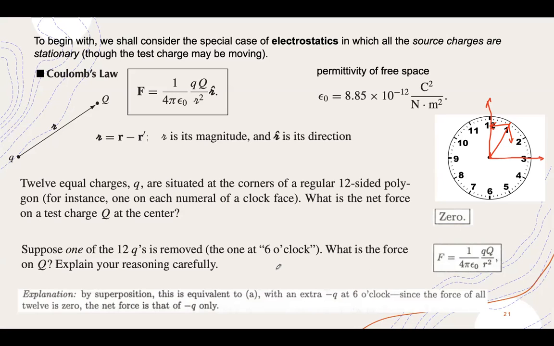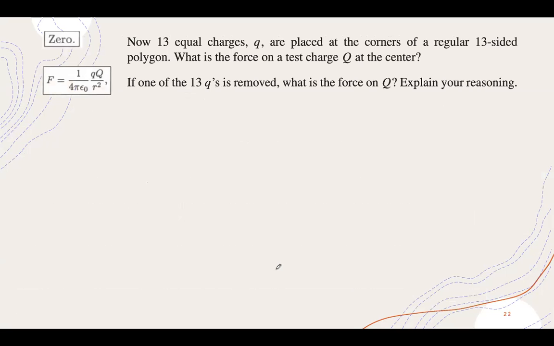So this is very important in a sense that the question which I gave you as a homework in the last discussion: if you now have 13 equal charges placed at the corners of a regular 13-sided polygon, so again what is the force? By having the superposition principle in our mind, we can calculate it just like a 0. Okay, so here if the same question was repeated, if one of the 13 Qs is removed, what is the force on Q?